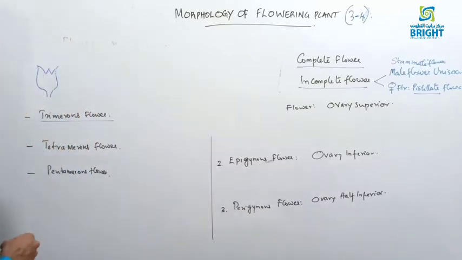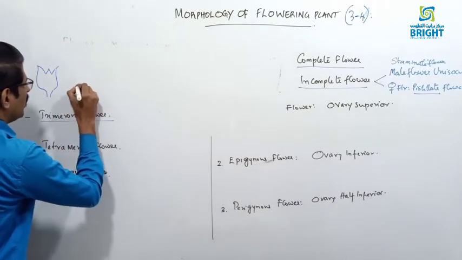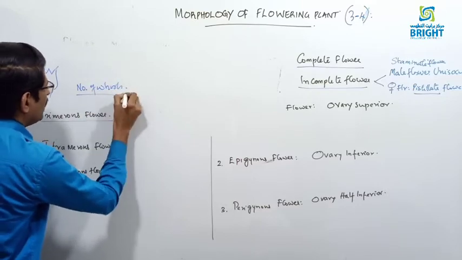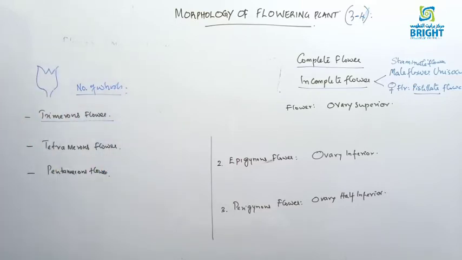So on the basis of the number of floral appendages in the whorls, the flower can be divided into three types. The first one is the trimerous flower.